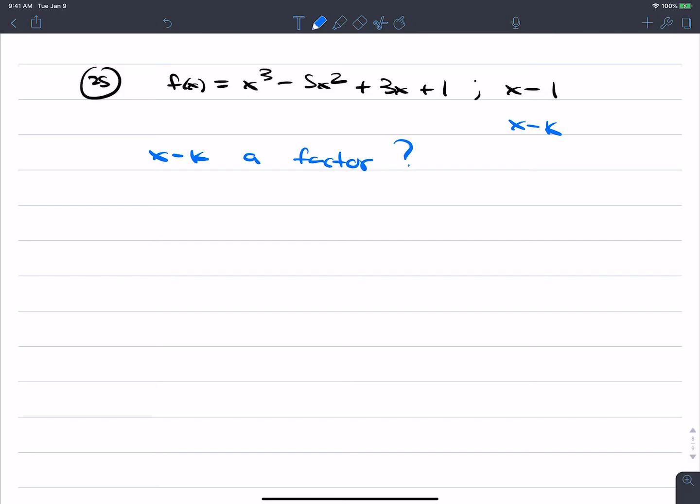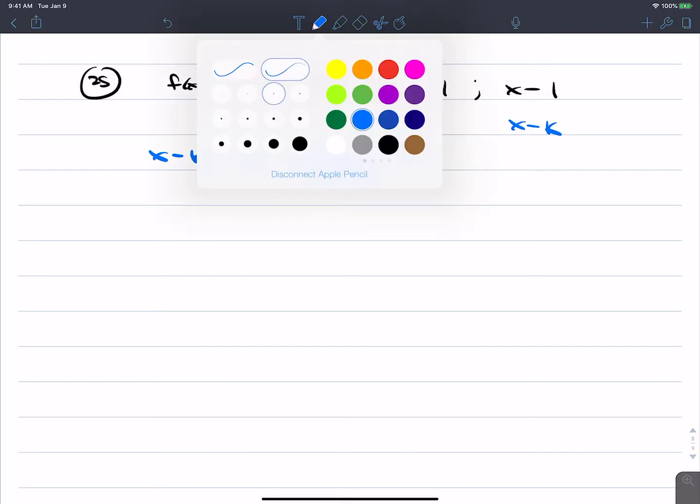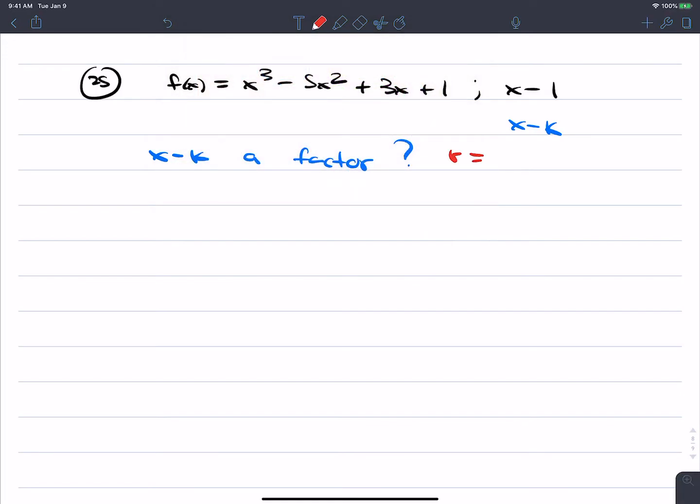Now, what does that mean, to really be a factor? That means your remainder is actually going to be 0. Because they want us to write, again, f of x equals x minus k times q of x, where now you don't have a remainder here because that remainder is going to be 0.